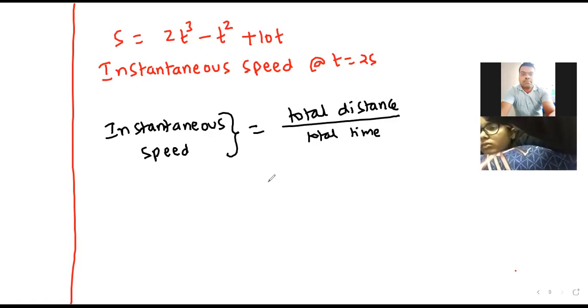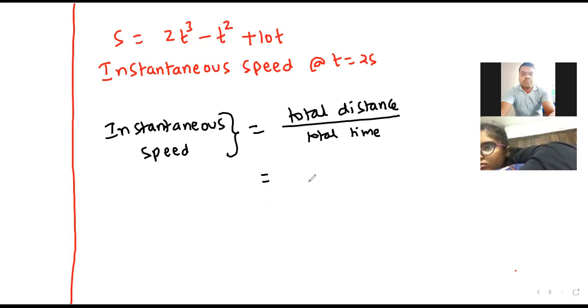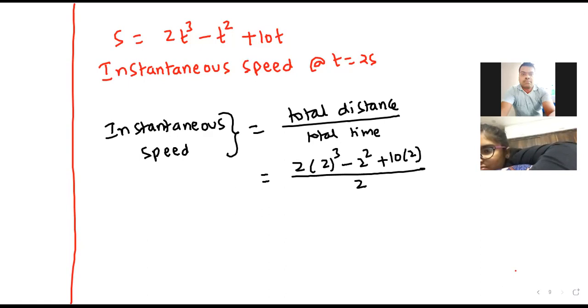Distance traveled in 2 seconds means directly I'll substitute 2: 2 into 2 cube minus 2 square plus 10 into 2, divided by 2, since the time is 2 seconds.